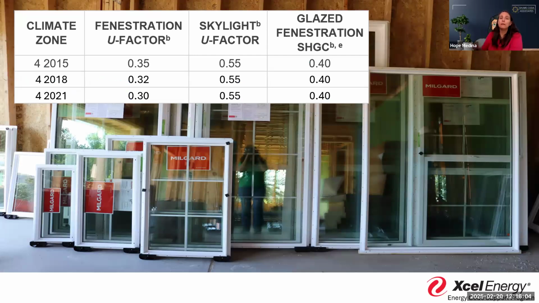So if it's 60 degrees, we know that our vertical fenestration that's installed in the roof would have to have a 0.35 U factor, or 0.32 or 0.30, depending on which code edition that you're on. Or if it is truly less than 60 degrees, then you could have a true skylight as defined, and it would just be the 0.55 for that U factor. That's a big difference, right?